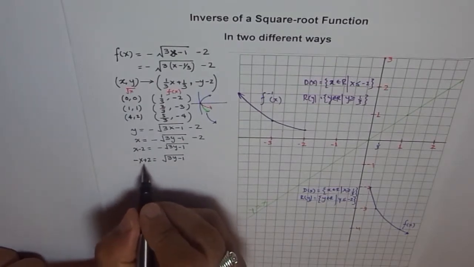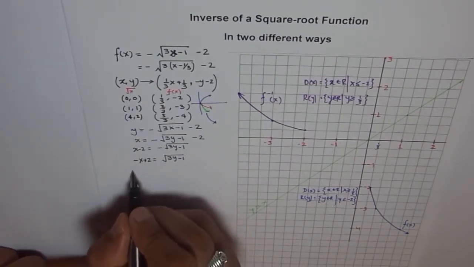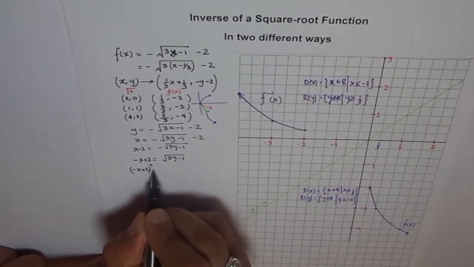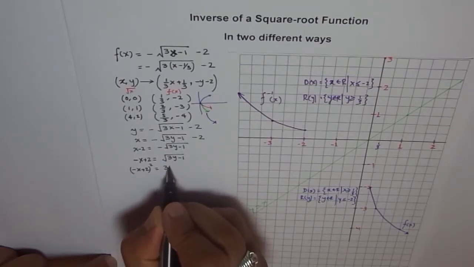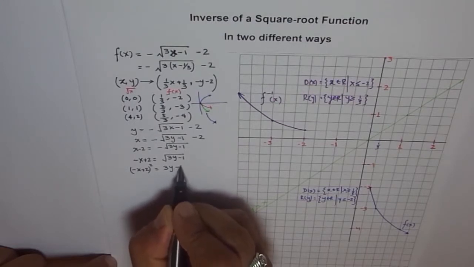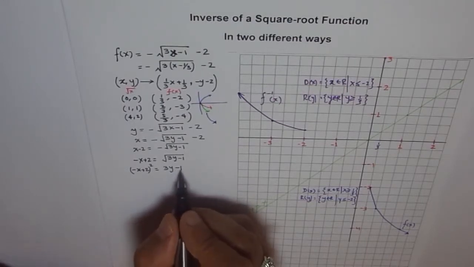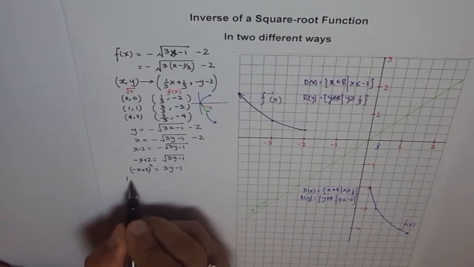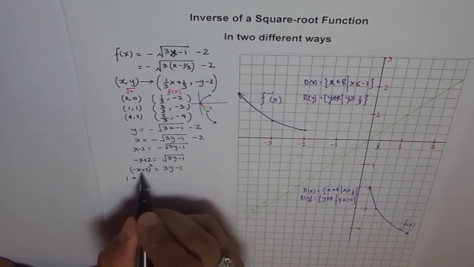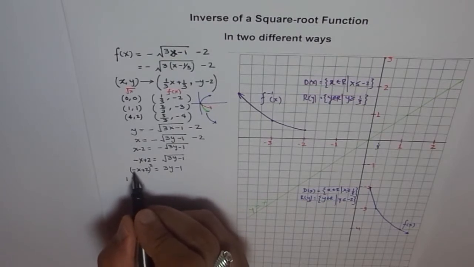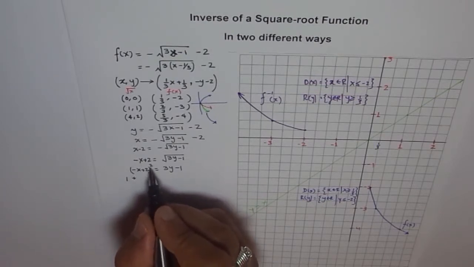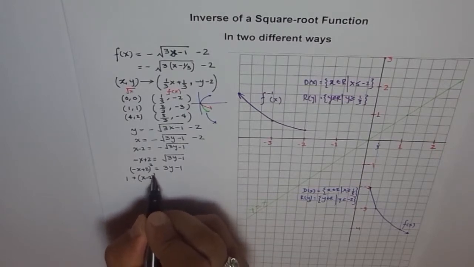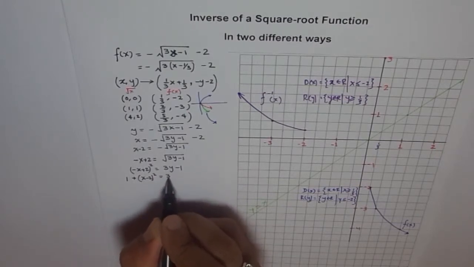Okay, so let me write this as a square, and then we get minus x plus 2 whole squared equals 3y minus 1, correct? And then we add 1 this side, so we get 1 plus. Now in the square, if we take minus common, it also becomes positive, right? So we can write this as x minus 2 whole squared equals 3y.